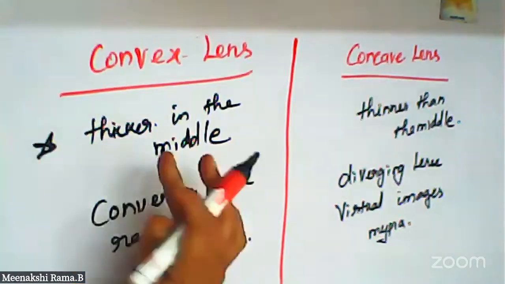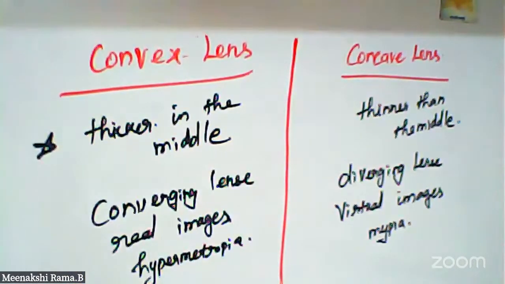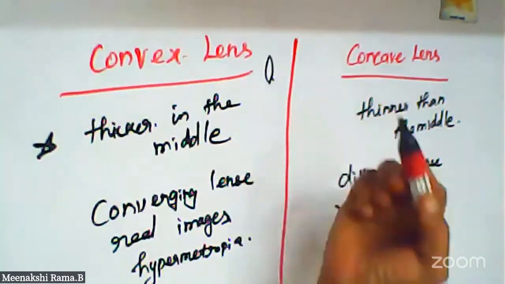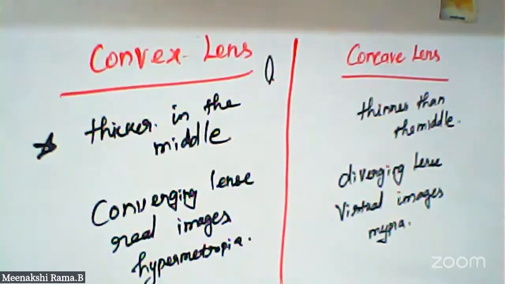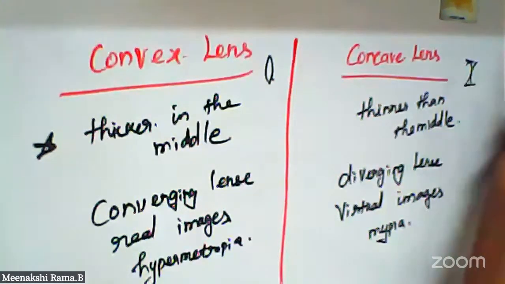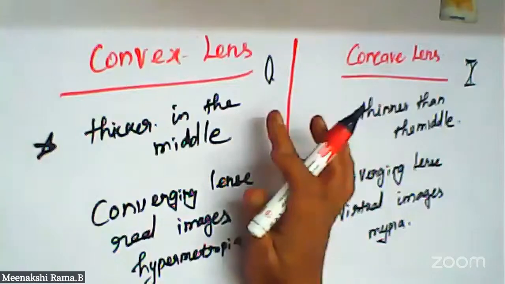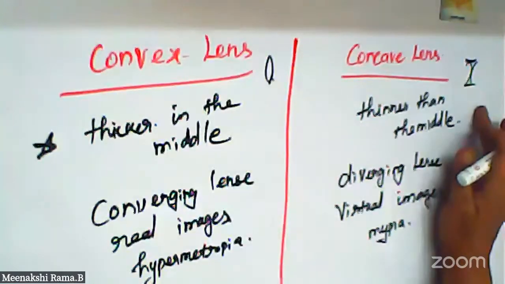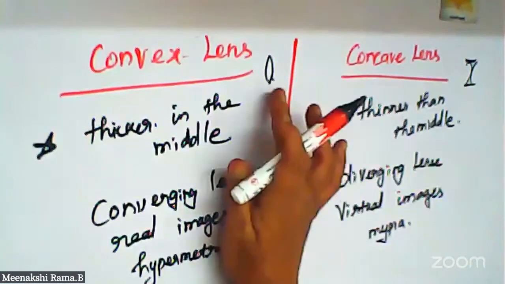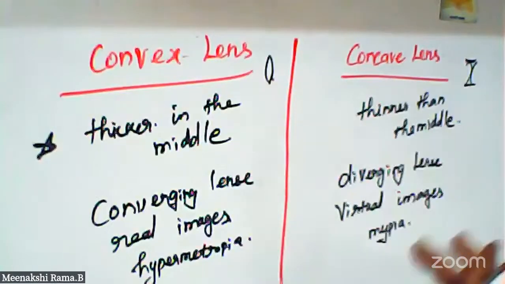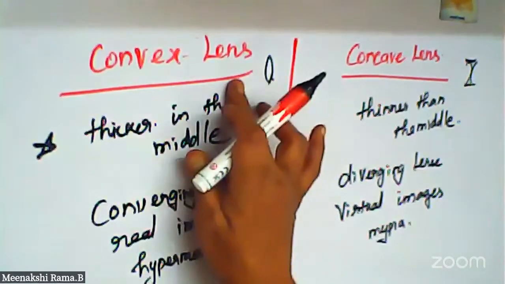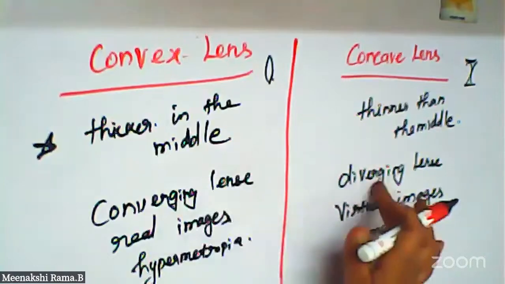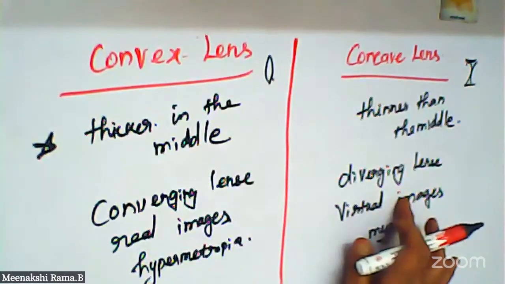First difference: the convex lens is thicker in the middle compared to the edges. The concave lens is thinner in the middle compared to the edges. It is also called converging, and the other is called diverging.